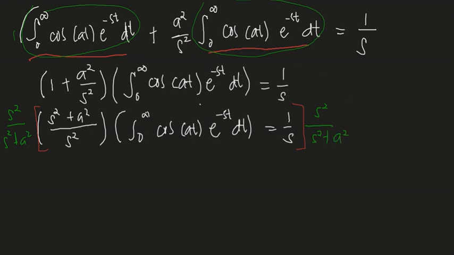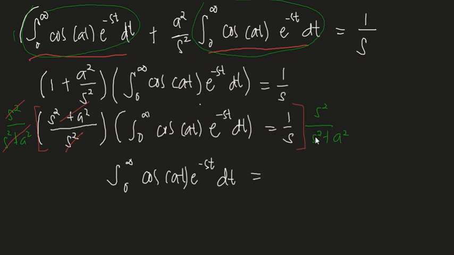So this one, s squared will be cancelled. What is left on the left side is the integral from 0 to infinity of cosine at e raised to negative st dt. So this is the equation we were looking for earlier. This is equal to f of s.